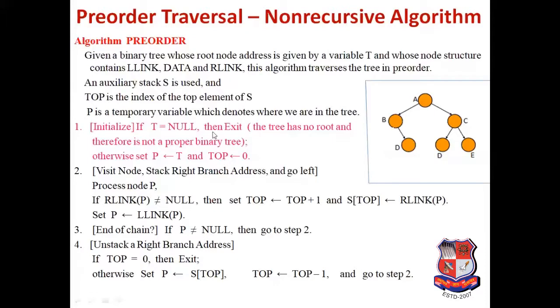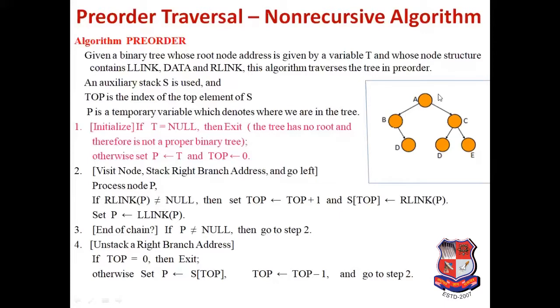So during this, what happens? Now we have P which stores the node address A. Currently we are at A. Now what will we do? As per the pre-order traversal, we visit this node, then we visit the left subtree, and then we visit the right subtree. So we first visit this node.